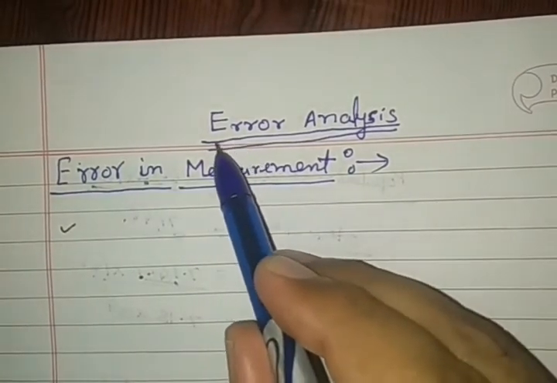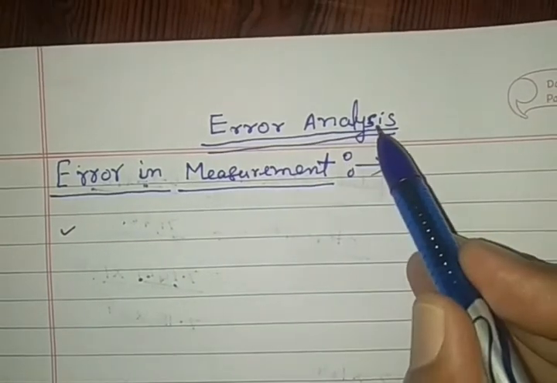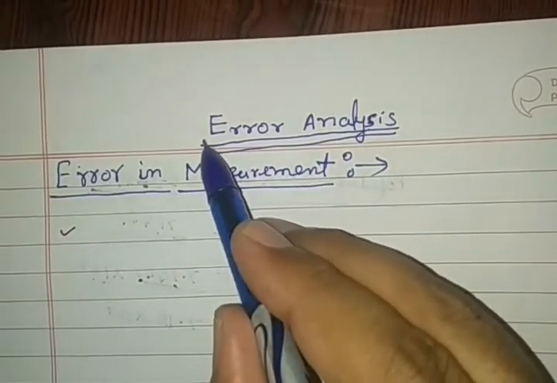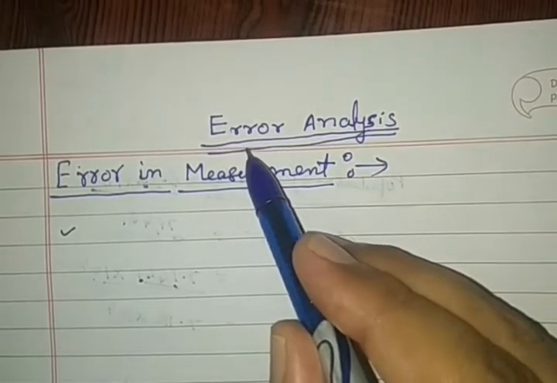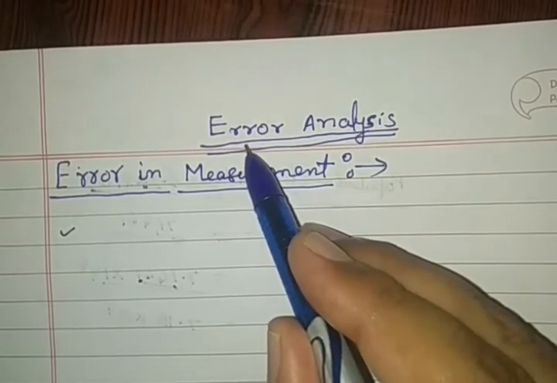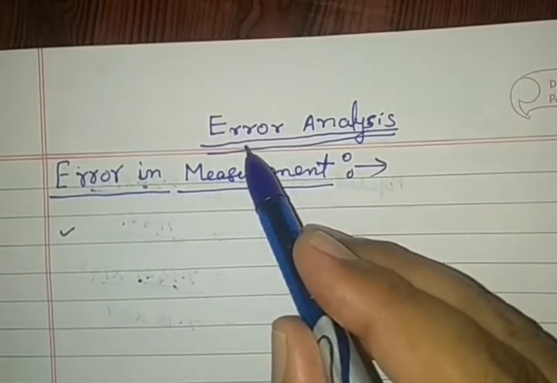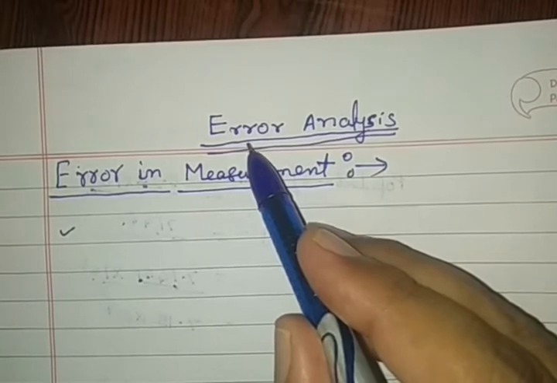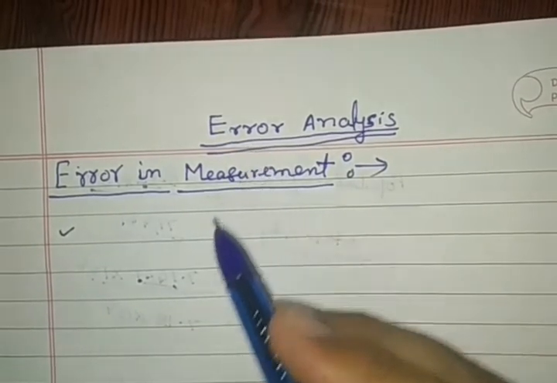We are going to see a new topic in class 11th physics, error analysis. This topic has very much importance in the 11th class. Some important questions are asked from this chapter in the examination as well as in competition.